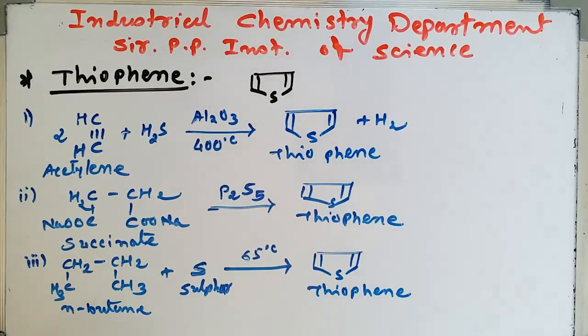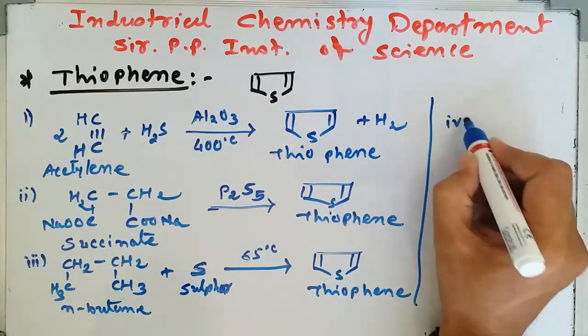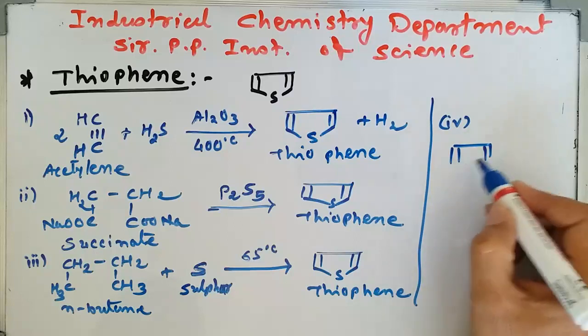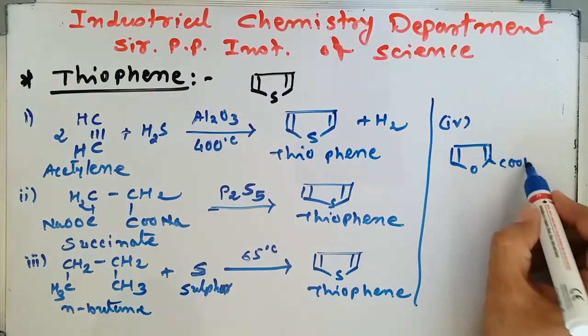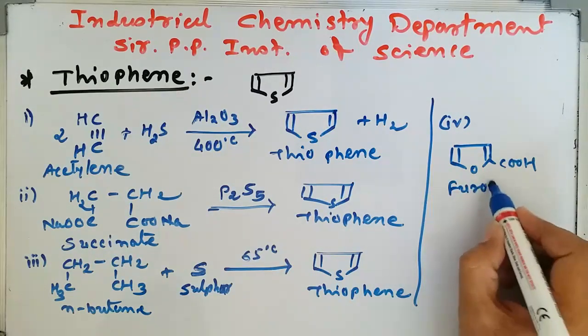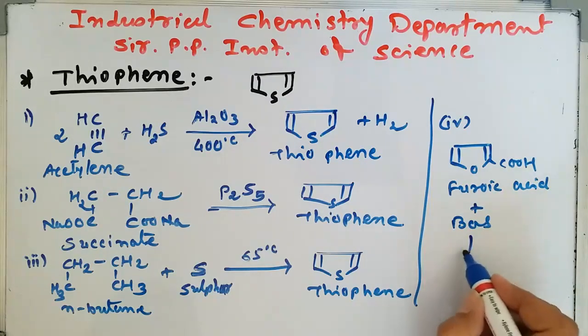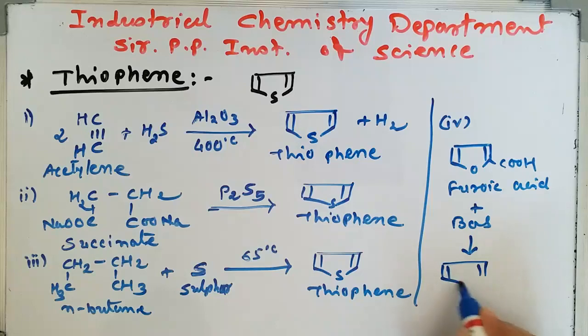Now we see one more example for the preparation. Here I write down the last preparation, number 4, by distilling furoic acid with barium sulfide, BaS, which gives thiophene and barium carbonate.